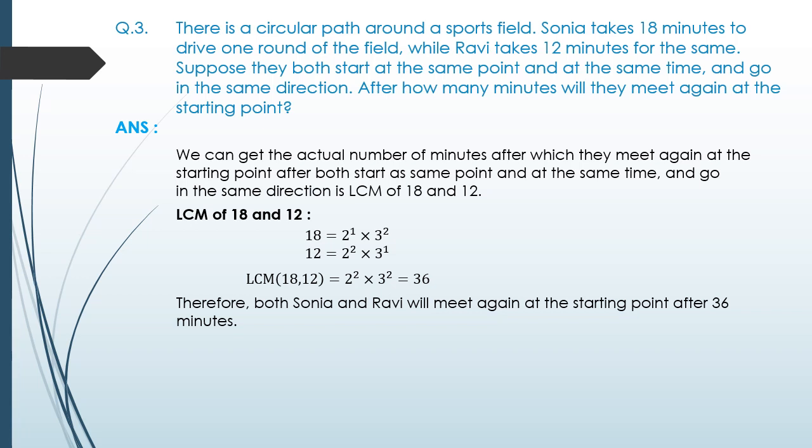There our HCF is in the denominator, but in the question of LCM we know that the LCM will definitely be a greater number than the given numbers, so it has to be in the numerator. Getting it? So LCM divided by the given numbers, like this we have to do. So this is the difference between LCM and HCF. Okay, so this is the conclusion of this answer.